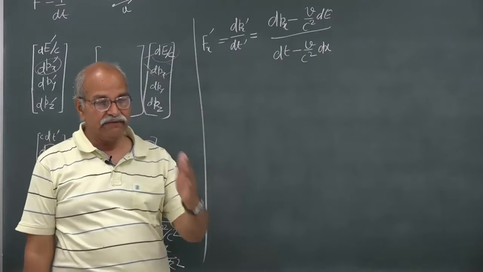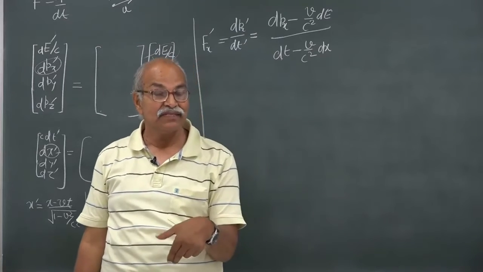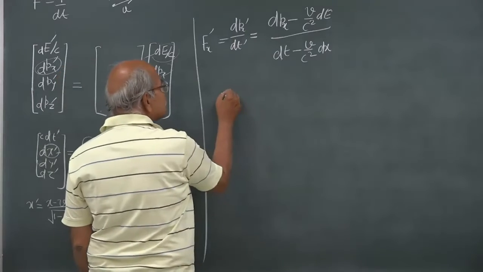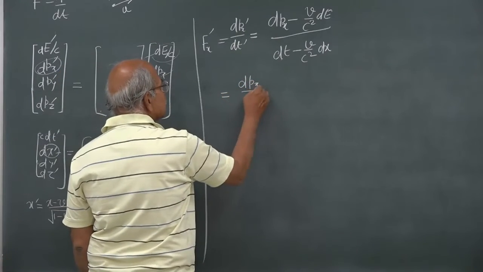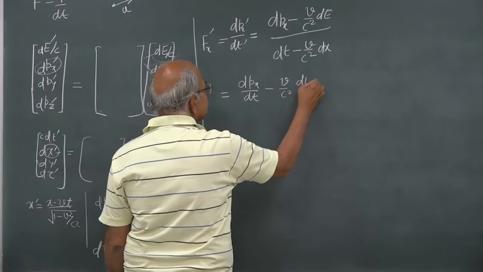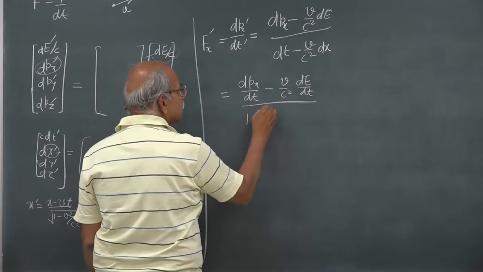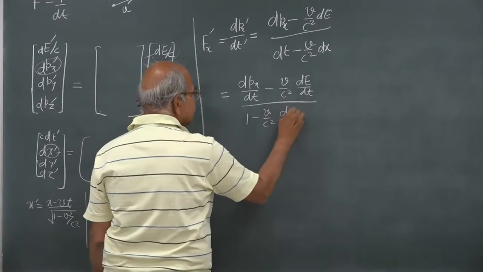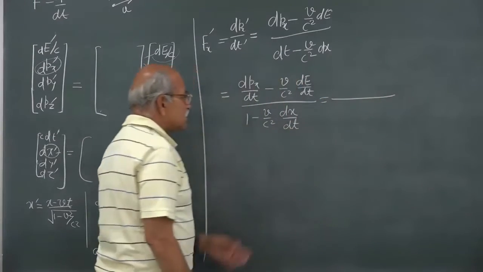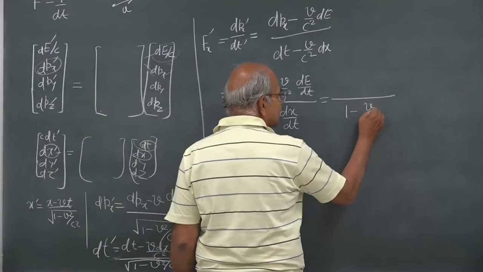Remember, dx, dy, dz is the displacement of the particle as seen from S in time dt. So, divide by dt: this is equal to dpx/dt minus v by c square dE/dt, divided by 1 minus v by c square dx/dt. First, let us look at the denominator. This is 1 minus v by c square times dx/dt.